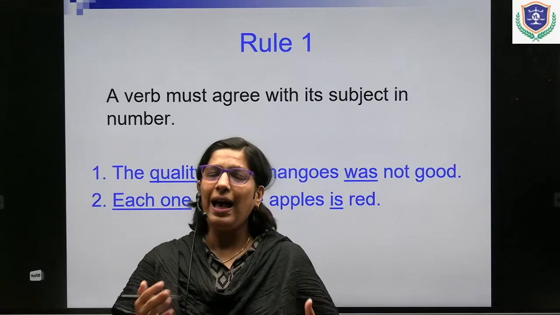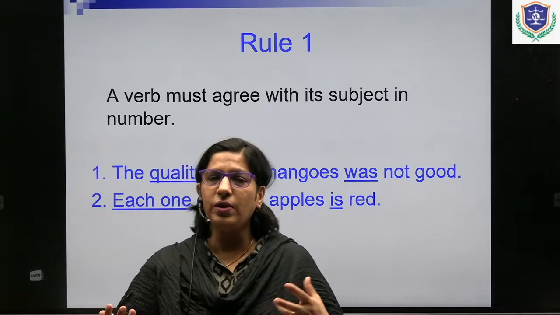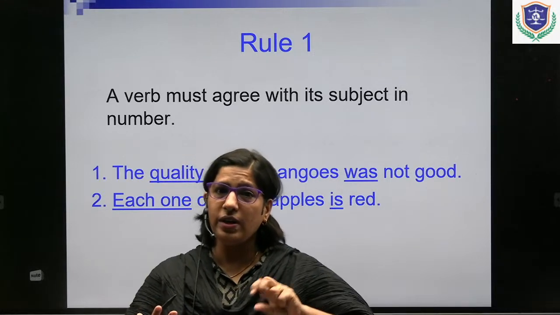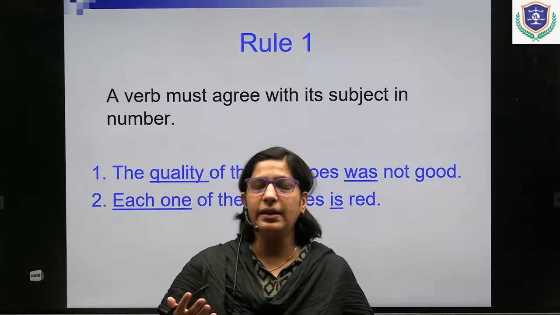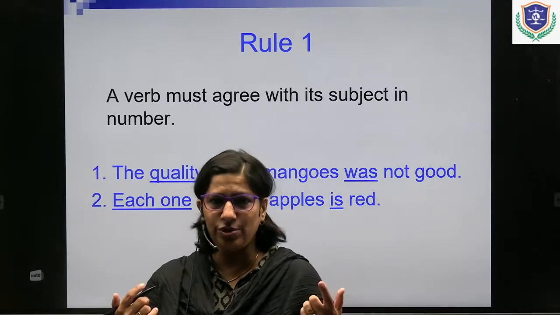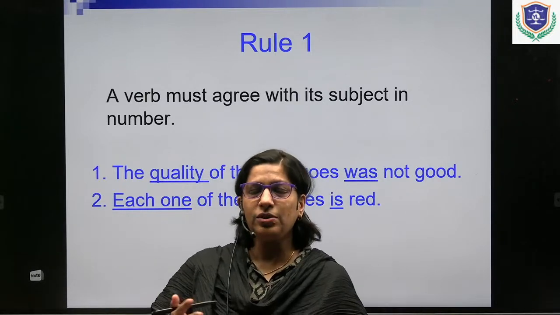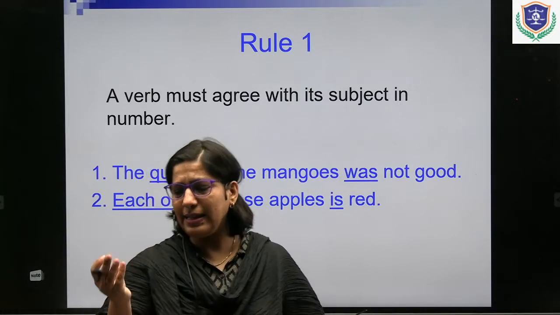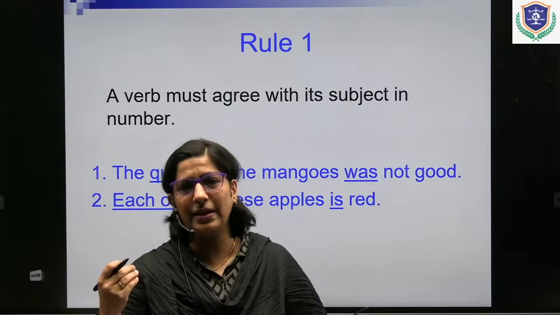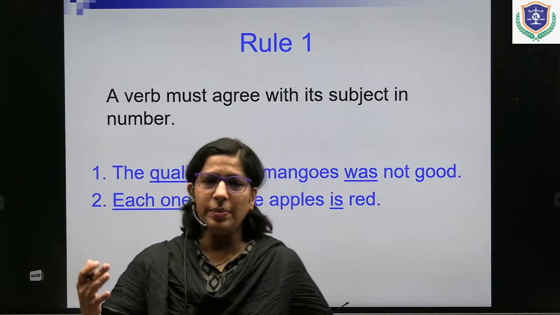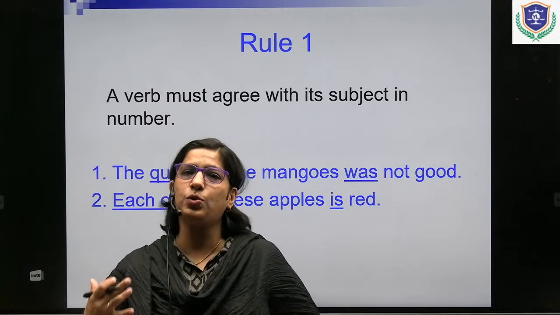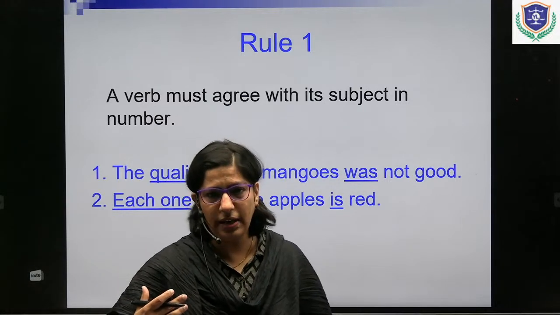If you can have a grasp of the verbs and how the play of the verbs works in a sentence, then you have actually mastered the language, right? So be it tenses, be it direct, indirect, be it concord, be it active, passive, it is always the verb which we are concentrating on.